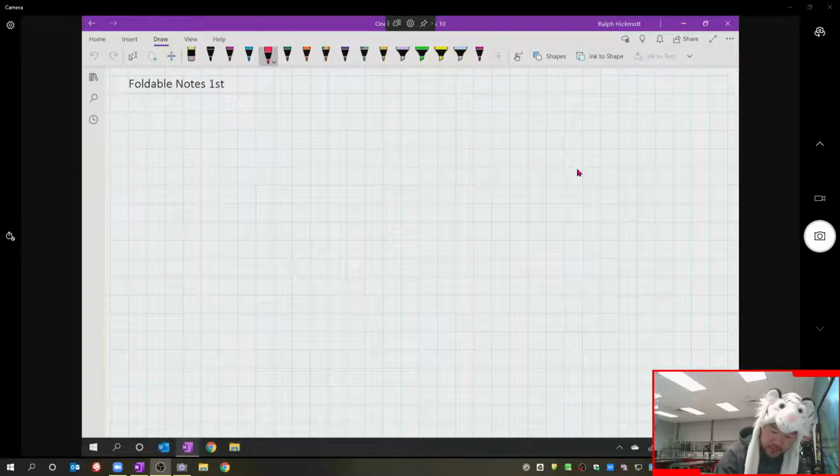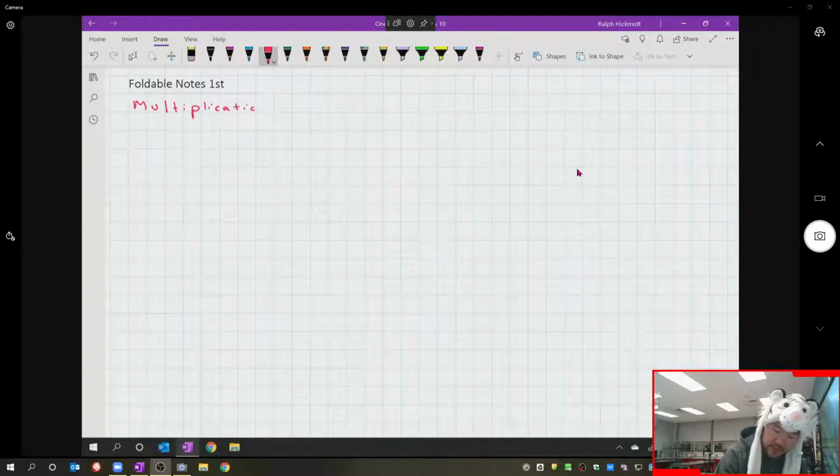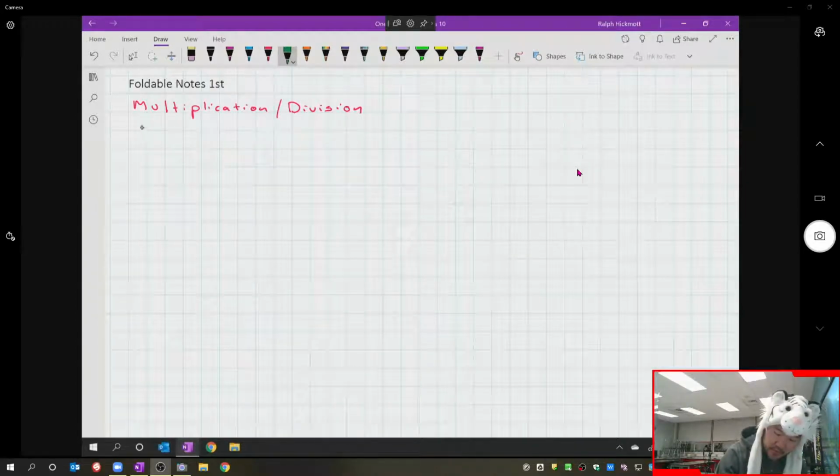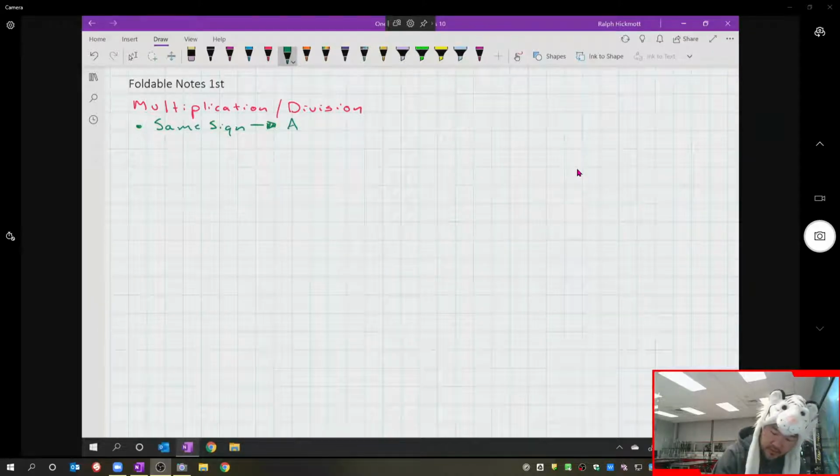Okay, so let's begin. So I'm going to basically bunch multiplication and division rules together, because as we have seen from previous chapters or previous sections, the rules are very standard. So basically when we multiply and divide, if they are the same sign, and I'm going to just use some quick notation, if they are the same sign, answer is positive.